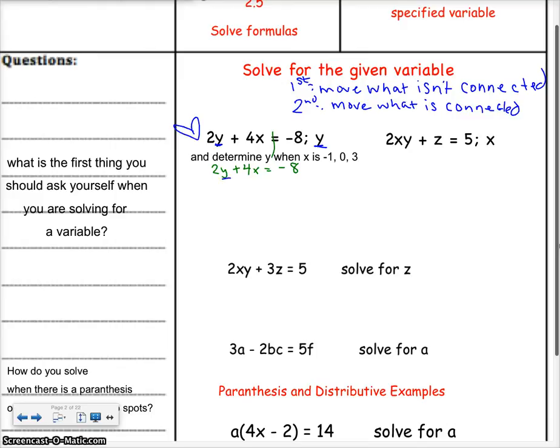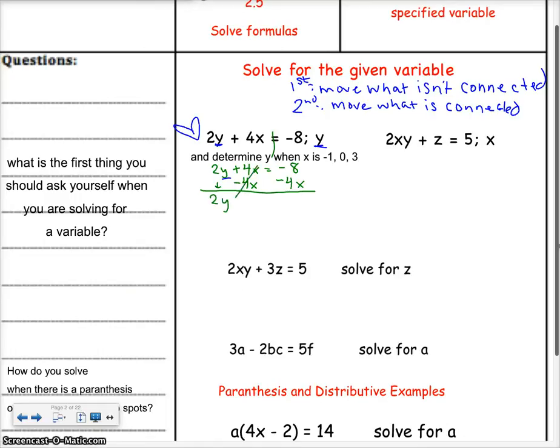So if this is a positive 4x, how do you move a positive? Subtract. So I'm going to subtract 4x from both sides of the equal sign. That's the subtraction property of equality, meaning I can subtract something as long as I do it to both sides. That's algebra for you. Then the 2y comes down.